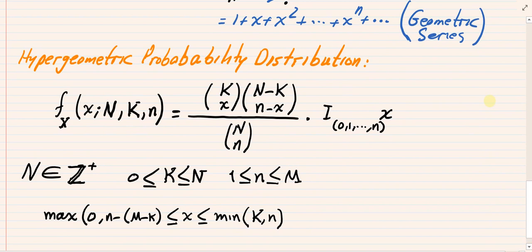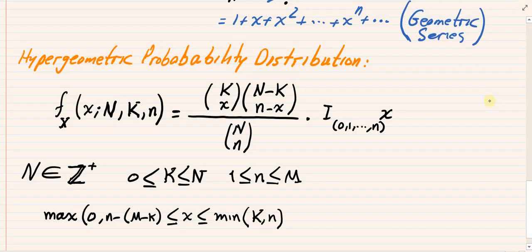Okay. Now, the hypergeometric probability distribution is given by this. Remember the hypergeometric experiment, I defined it above. So this is just the hypergeometric distribution.